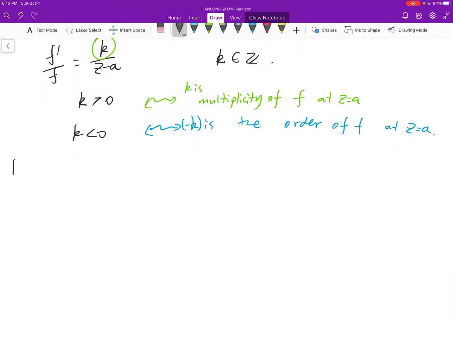Okay, then let's carry out the proof. The proof is exactly similar.